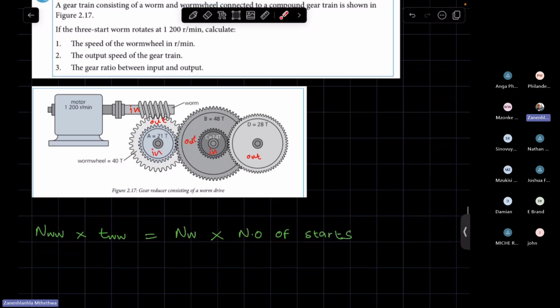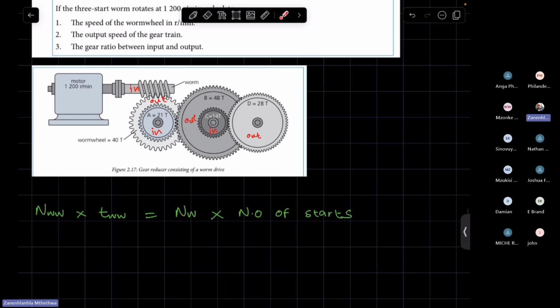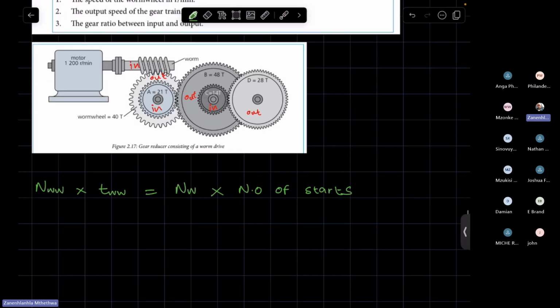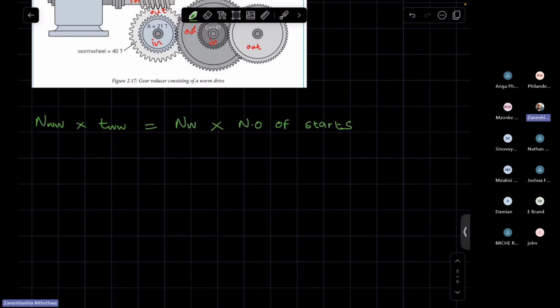Then second, you establish direction of rotation. For reduction gearboxes, we don't consider direction, so we can skip that step. The third step is to solve for what you're looking for. We've already done the first step, so now we solve for the rotational frequency of the worm wheel.